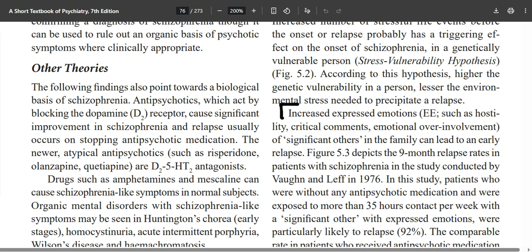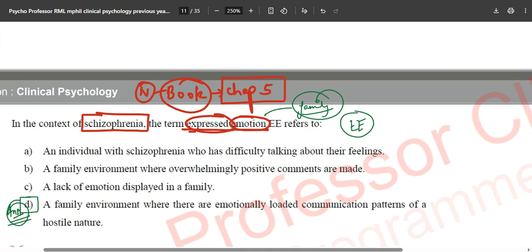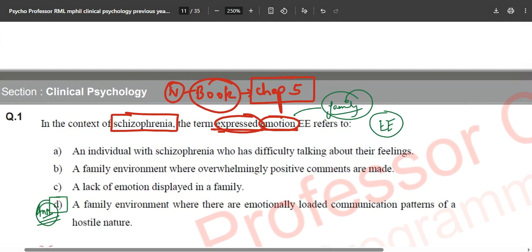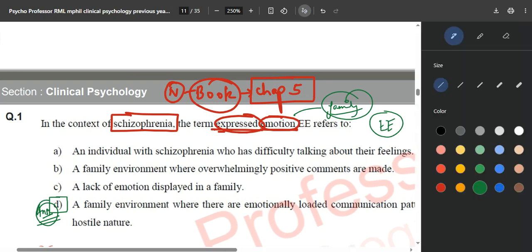This is your question number one. So what does it refer to? It refers to emotionally loaded communication patterns of a hostile nature, and you can simply find it in the N book if you are reading.